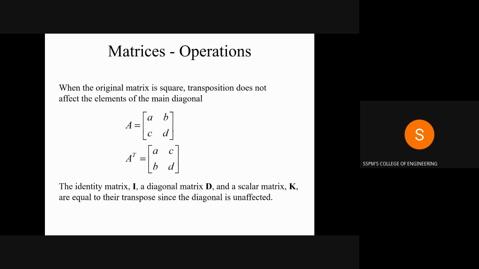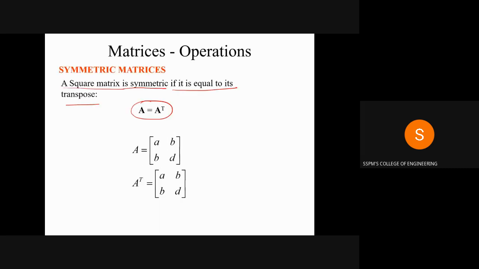We will look at some examples. The transpose of the matrix should be equal to the same matrix. Take 1, 3, 4, 4. Suppose this is A. How can we write its transpose?